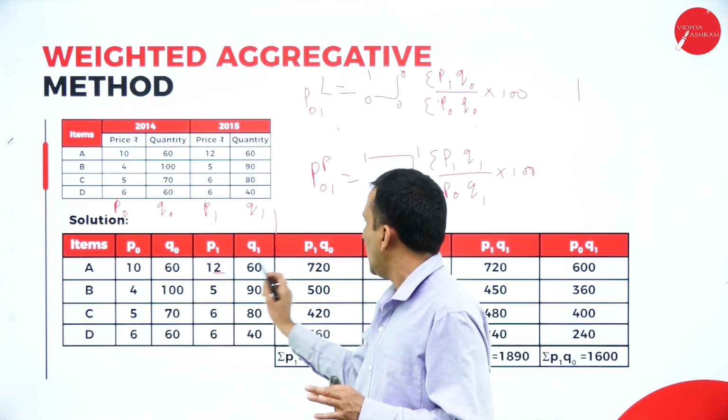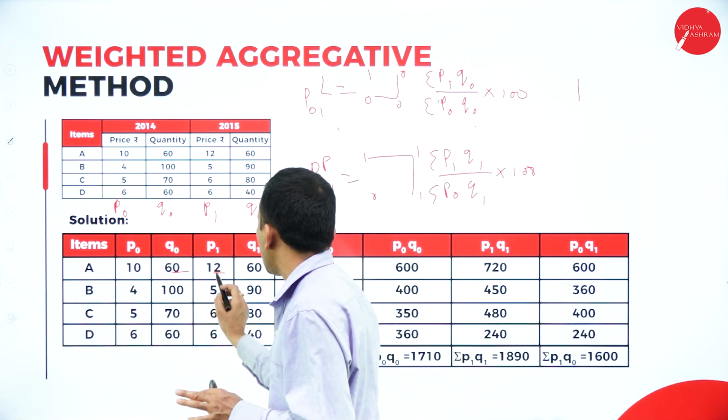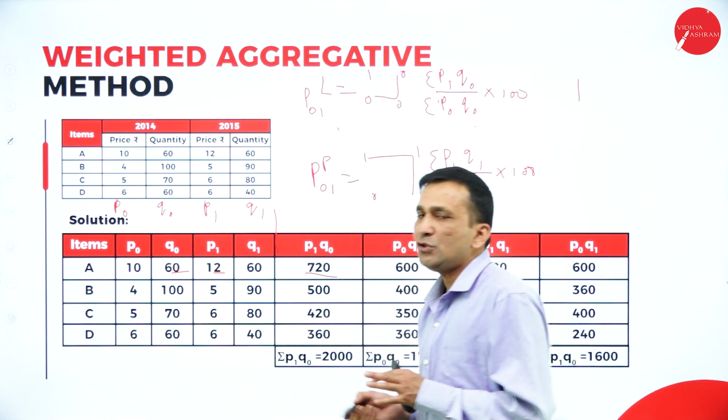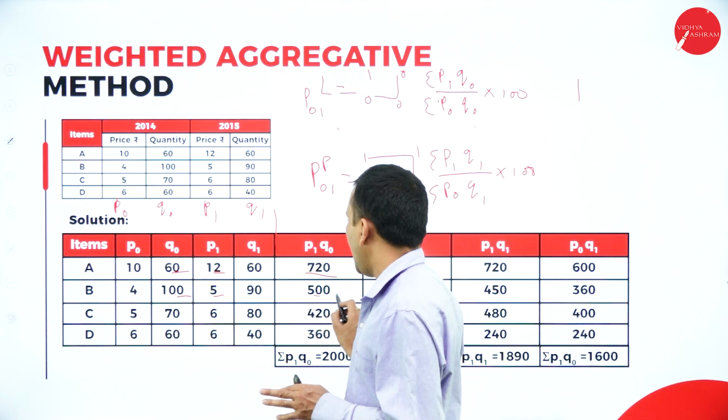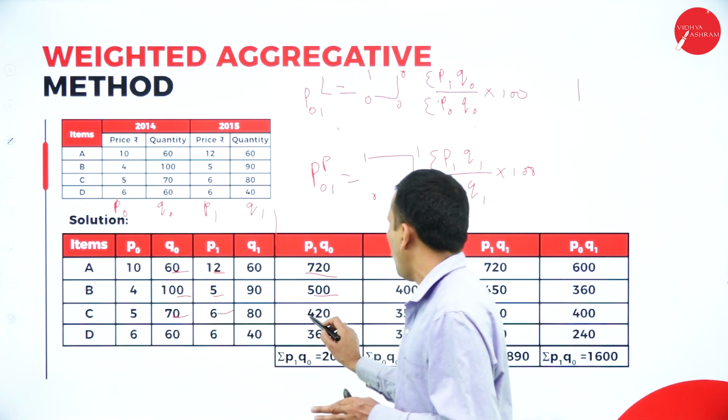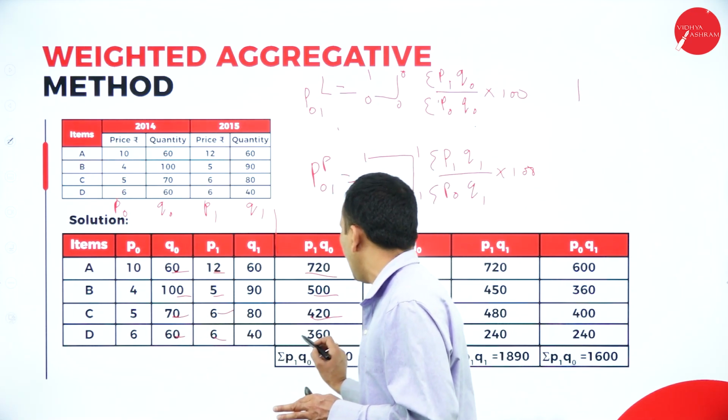P1 Q0: P1 value 12, Q0 value 60, 12 into 60, 720. Second, 5 into 100, 500; 6 into 70, 420; 6 into 60, 360.